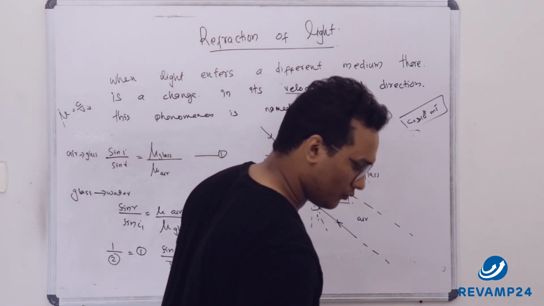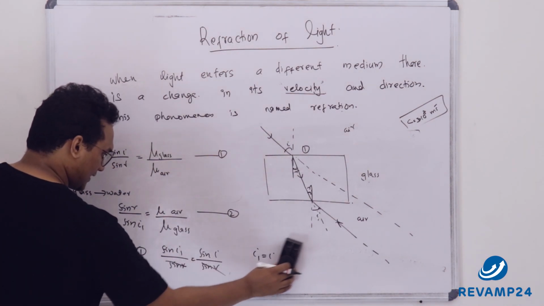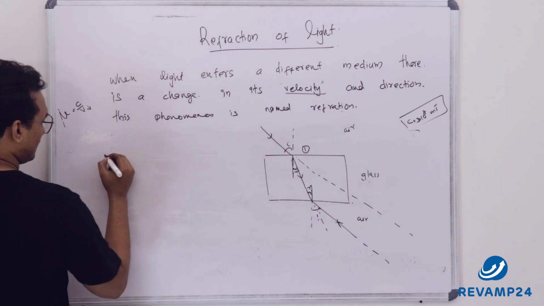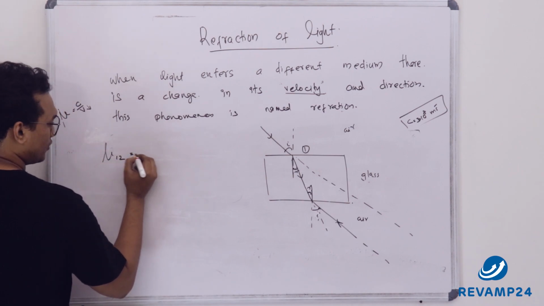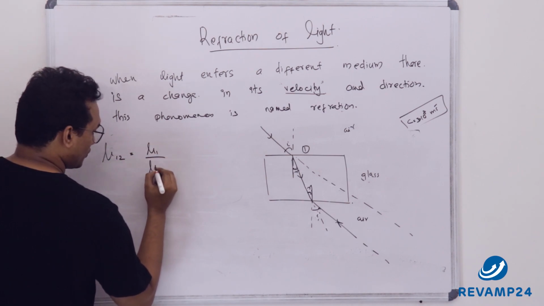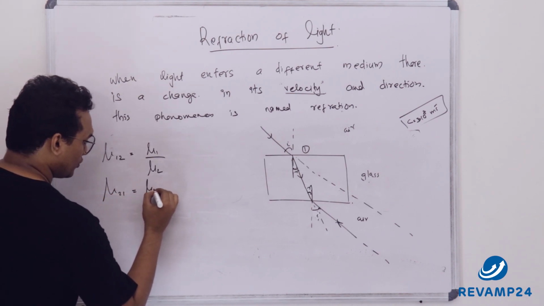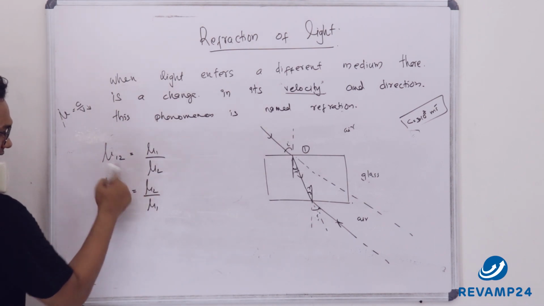I can say one more thing from here. This gives the conclusion that mu of 1,2 is equal to mu1 divided by mu2, and mu 2,1 is equal to mu2 divided by mu1. So just take the inverse.